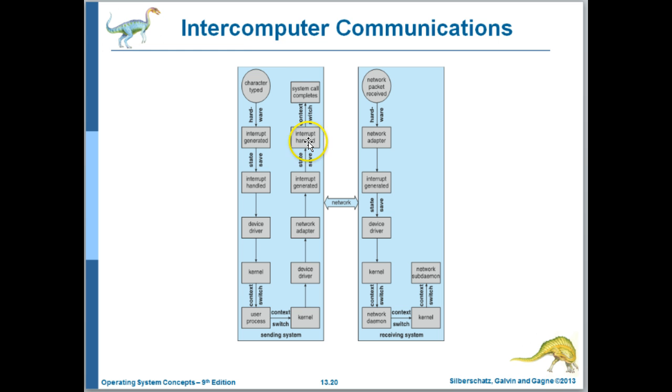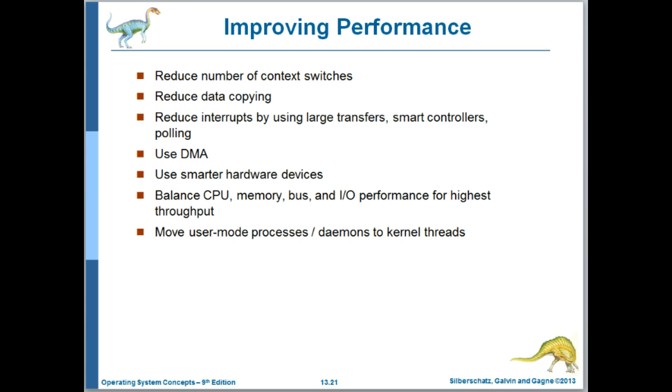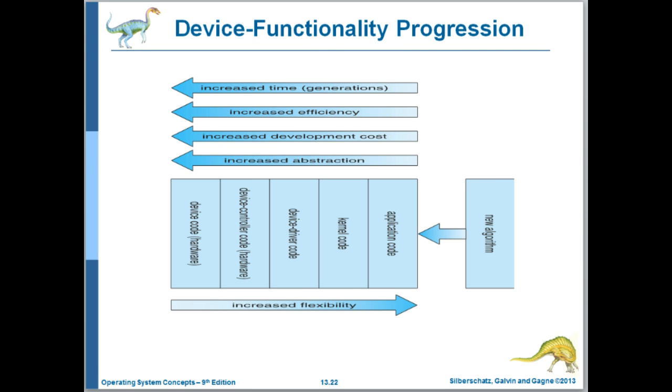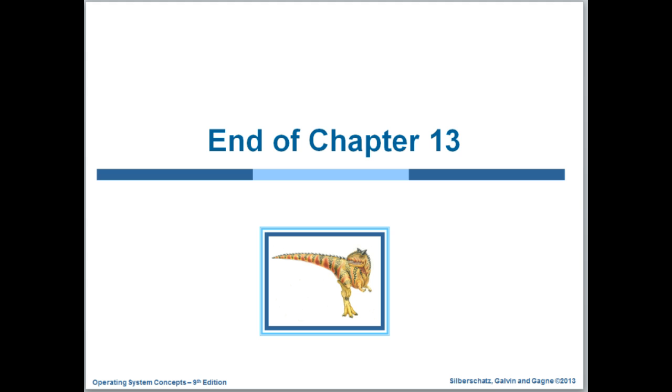But you can see there are a lot of layers of various calls being incurred here. So here are a number of techniques that can be used to improve performance. I'll skip this slide. And that finishes chapter 13.